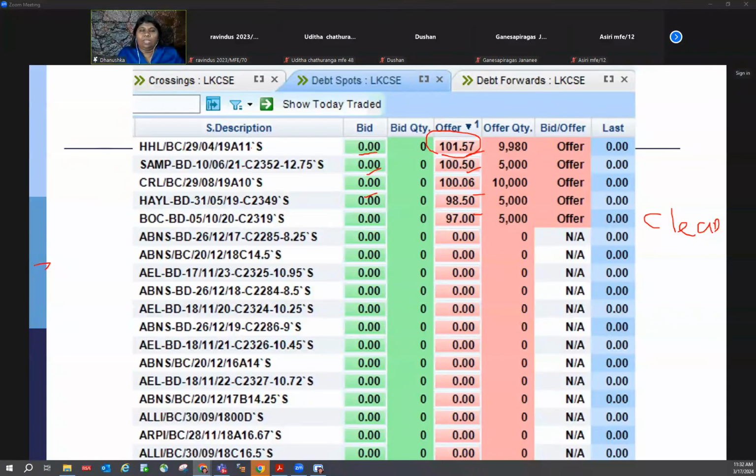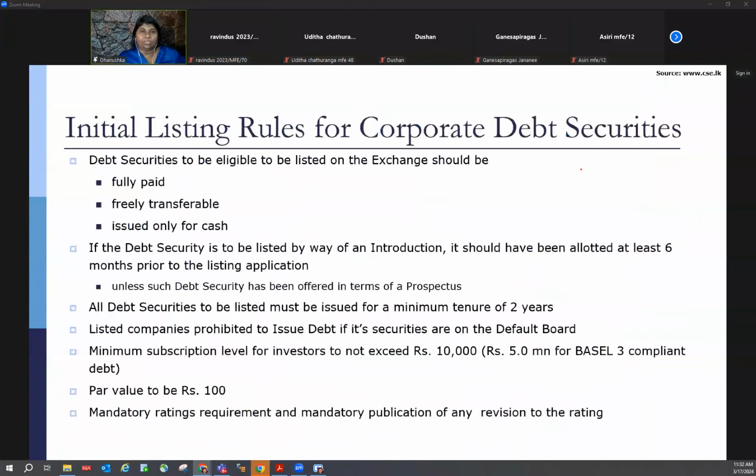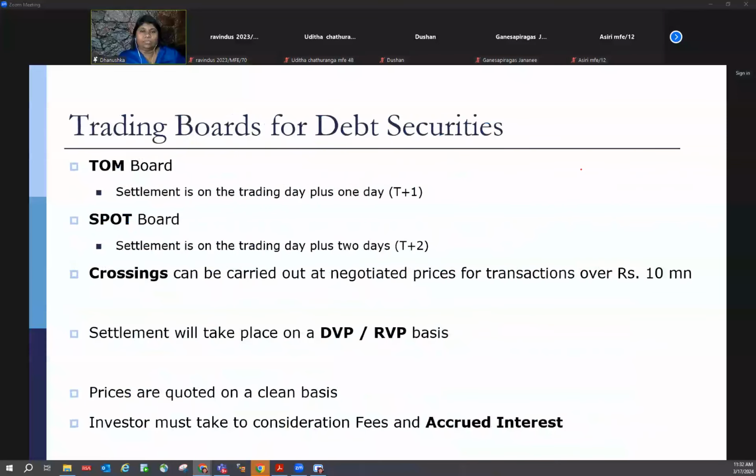So you have to remember, any time you look at this price, it is clean and doesn't have accrued interest. When you're paying, you have to add the accrued interest to the price to come up with your full invoice price or dirty price, as we call it. This is what I showed you last time.